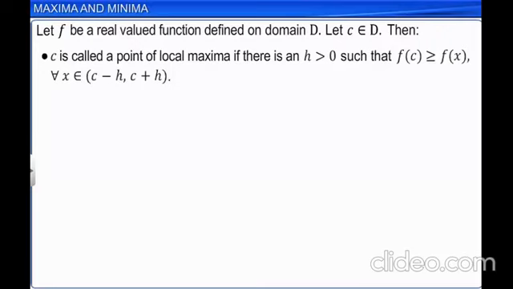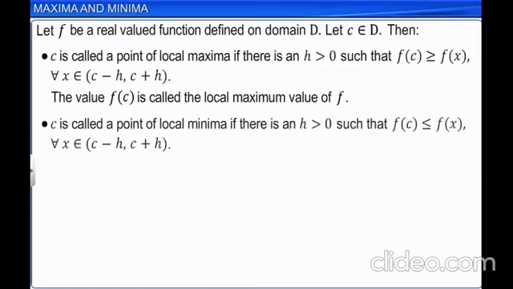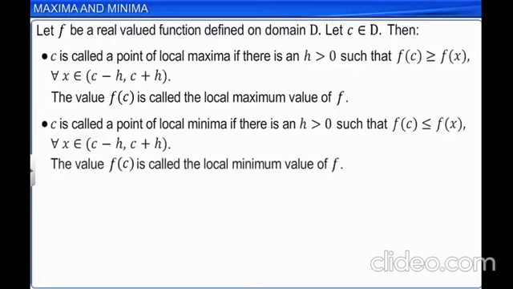The value f(c) is called the local maximum value of f. Also, c is called a point of local minima if there is an h greater than 0, such that f(c) is less than or equal to f(x) for all x in the open interval (c - h, c + h). The value f(c) is called the local minimum value of f.